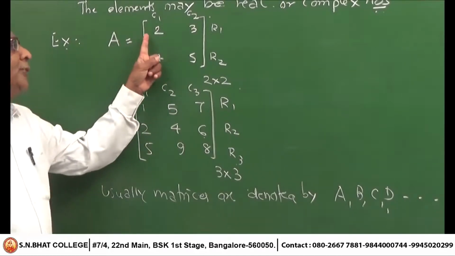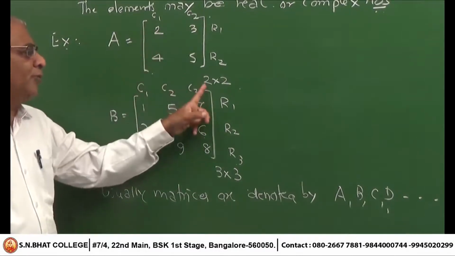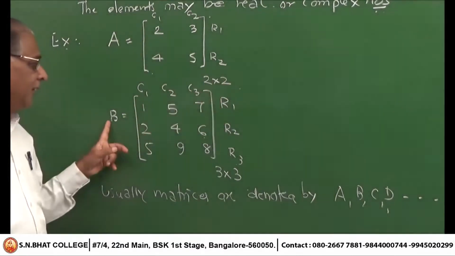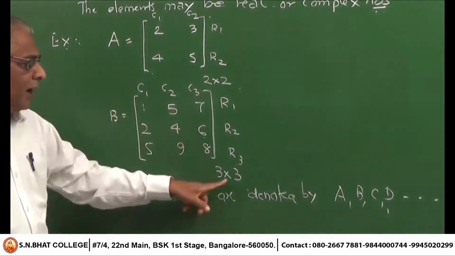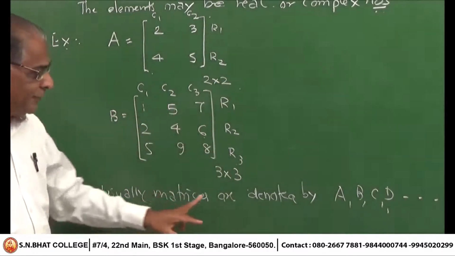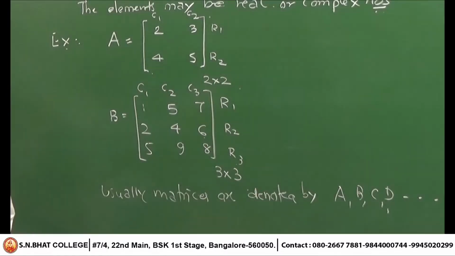Why is it 2 cross 2? It has 2 rows and 2 columns, therefore the order is 2 cross 2. The second one has 3 rows, 1, 2, 3, and 3 columns, so the order is 3 cross 3.